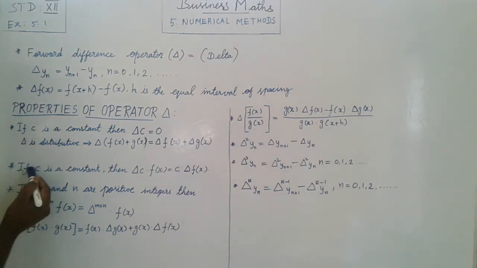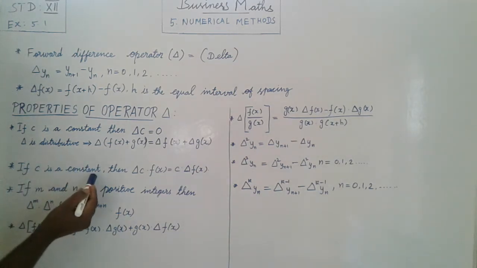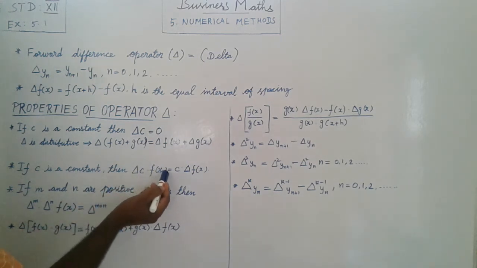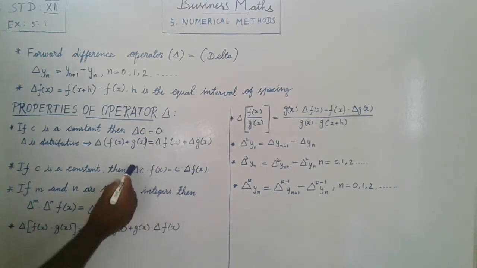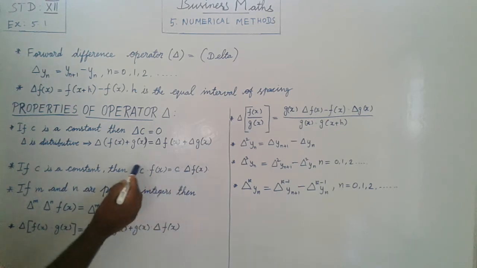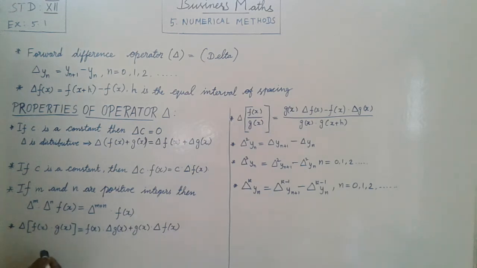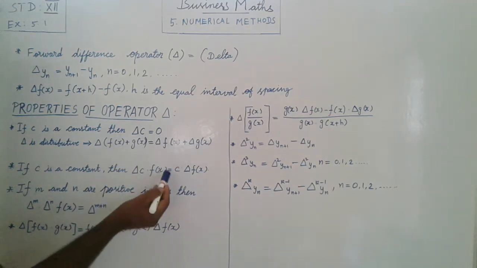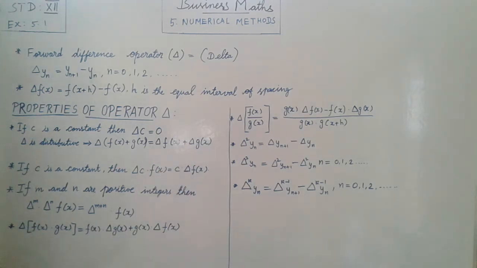If c is a constant, then delta of c into f of x equal to c into delta f of x; we take out the constant c.